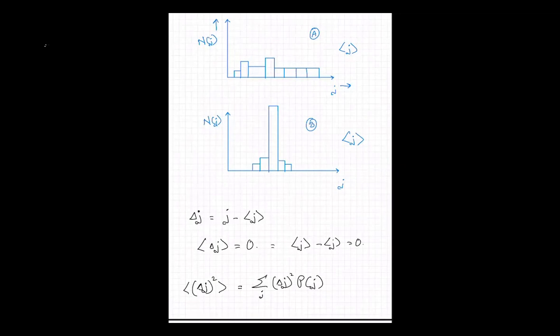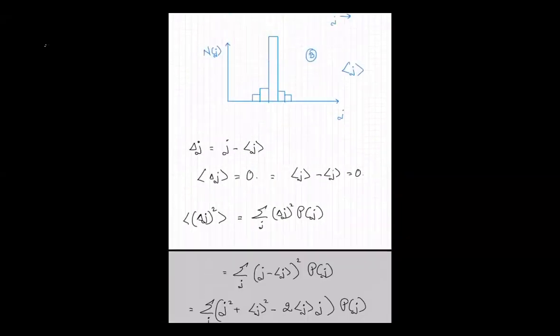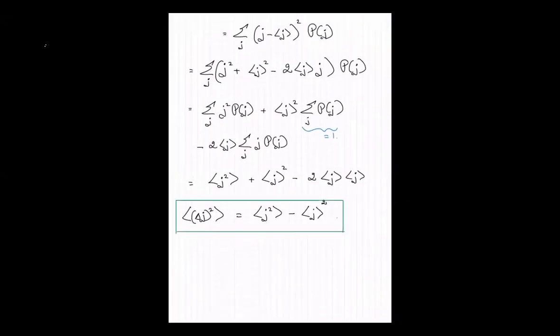So even though the average age cannot distinguish cases A and B, this quantity, the mean of the squared difference between the age and the average age, can indeed differentiate the two populations. And this is a very important quantity. As you might know, this has a name.